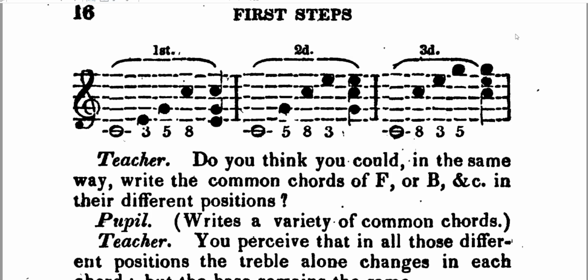Then 5, 8, 3, and then 8, 3, 5. Do you think you could, in the same way, write the common chords of F or B, etc., in their different positions? The pupil then writes a variety of common chords.